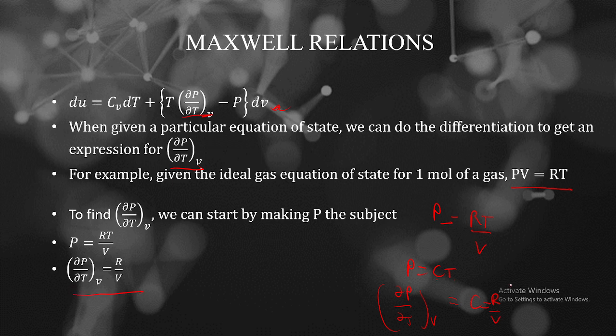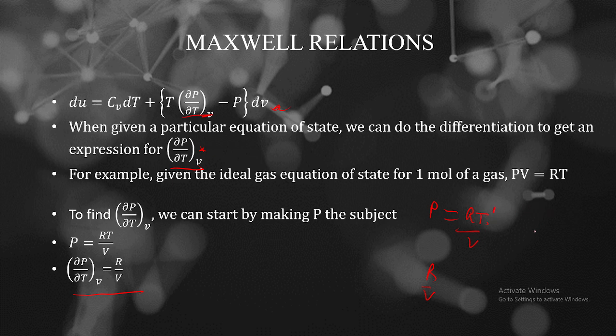As I said at the start of this video, we need to be very conversant with how to work with partial derivatives when you are given expressions, right? So once again, we're looking at how P is changing with respect to T when we keep V constant. We make P the subject in our equation of state, and then look at how P changes with respect to T. R and V are constant, so if I do the differentiation, R and V are a constant multiplying my variable, so I'll have the constant still there. Or if you like, we can make this easier. I can say this is T to the power 1.